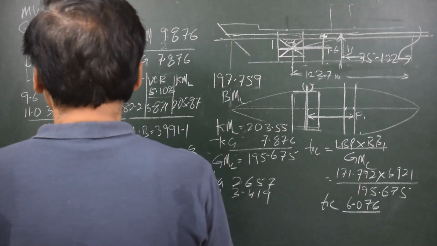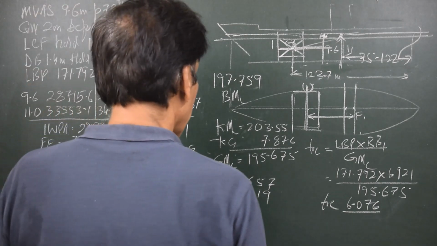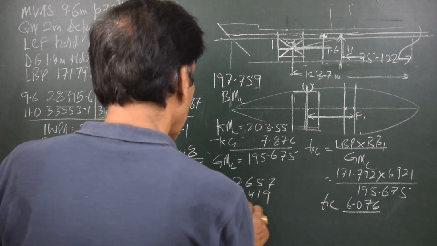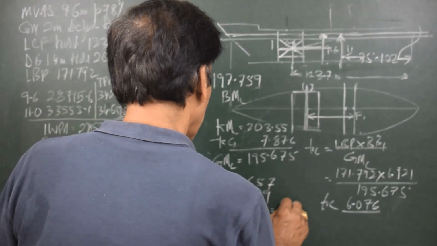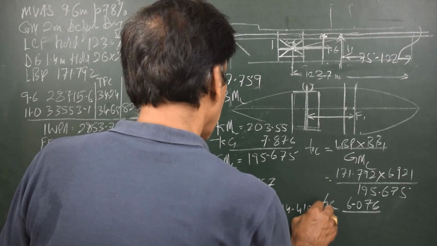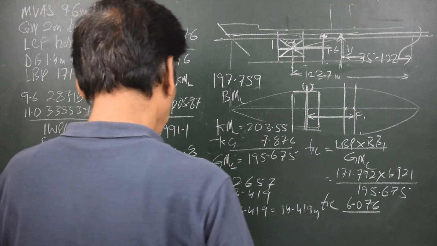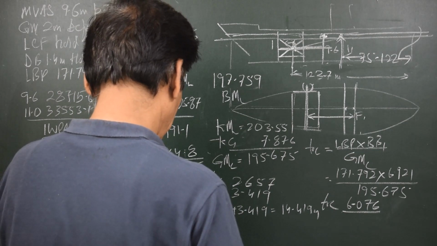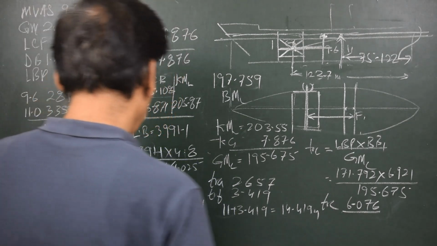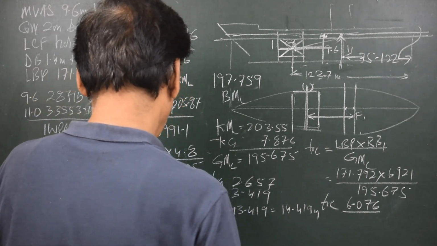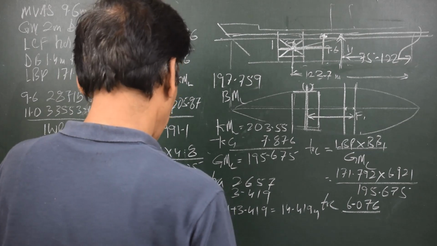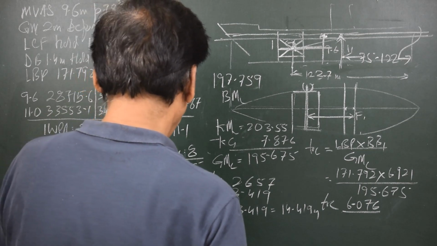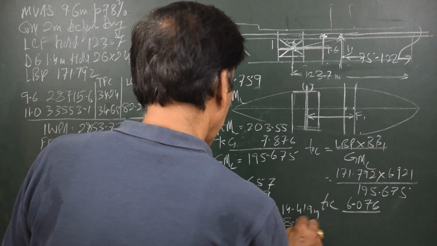So our draft after sinkage is 11 meters, and we have a damage in the forward part. So the forward draft is going to be 11 plus 3.419, that is 14.419 meters, and the aft draft is going to be 11 minus 2.657, that is 8.343.